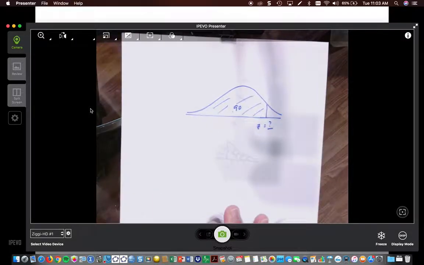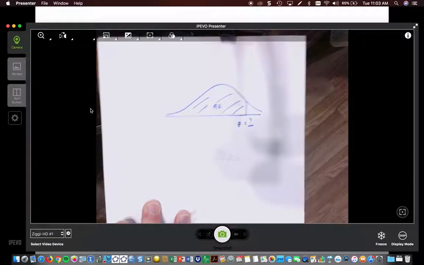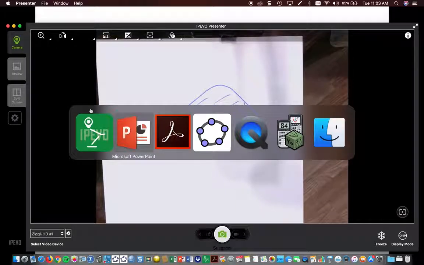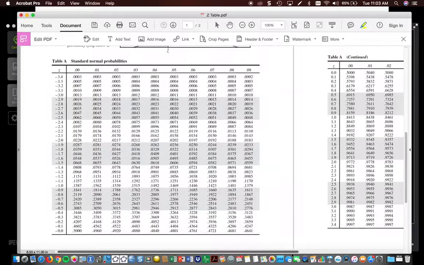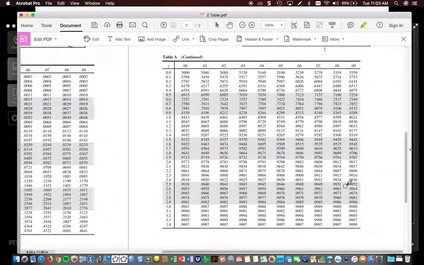We get 0.9 as the area to the left. One way you could do this is to go to the body of the table and look for where the area is equal to 90%. The closest I can find to 90% is this one right here, 0.8997.